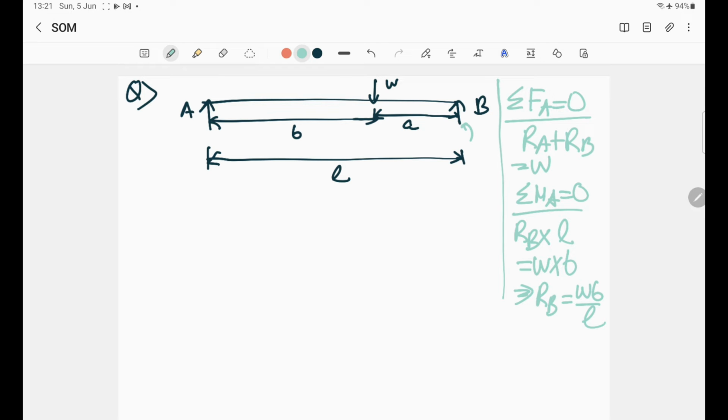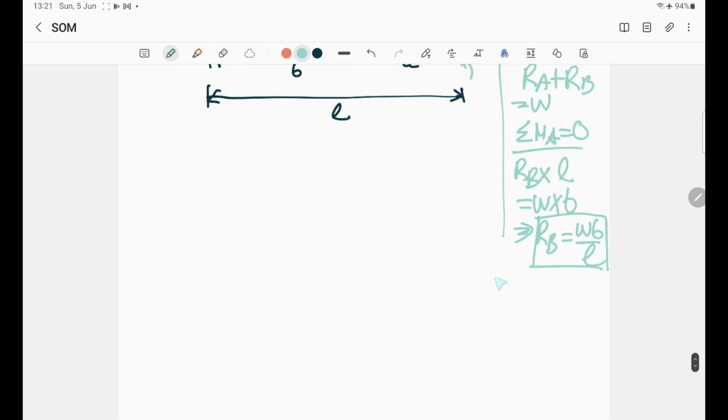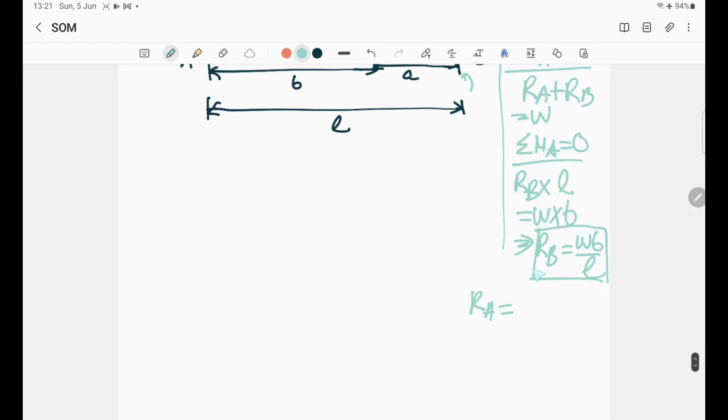And we know what the value of RA will be, right? The value of RA will be W minus WB by L, which in turn gives us WA by L. So I'll give you a moment to understand the mathematics part.